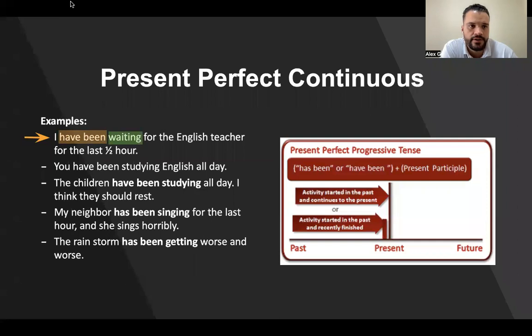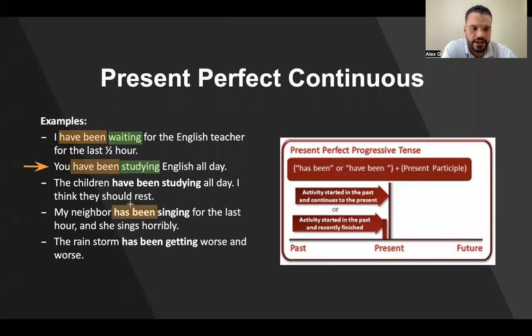This is the structure that we want to use in the present perfect continuous. Another example, you have been studying English all day. Again, you can see it's going to be have been studying. So the ing form of the verb and always with have been. That does not change.